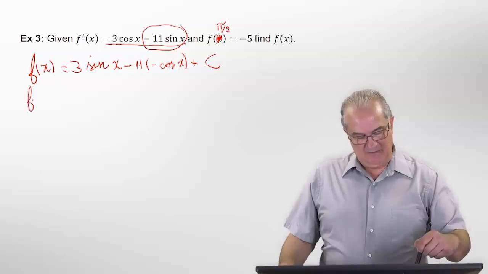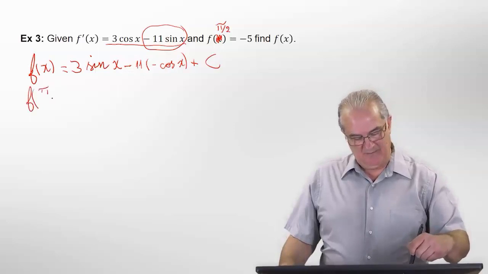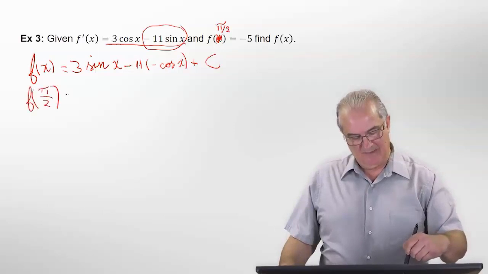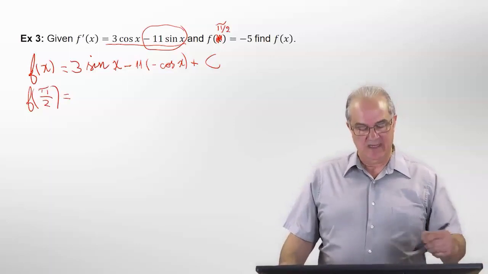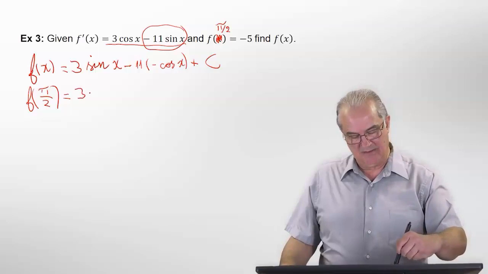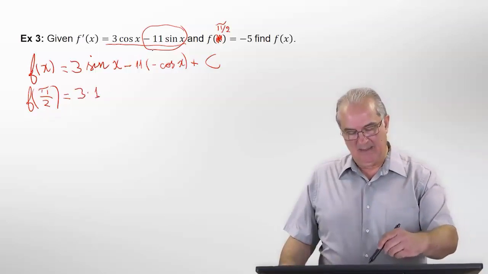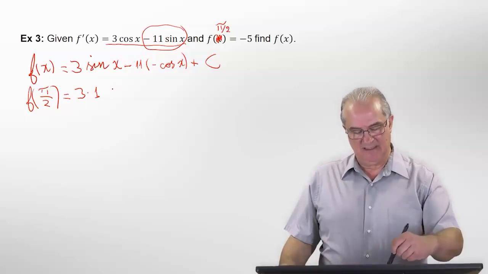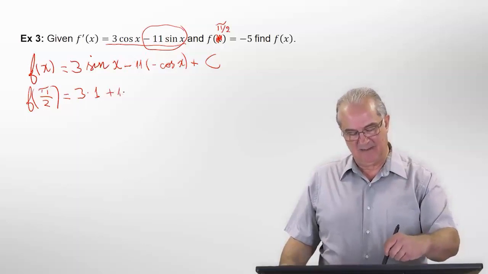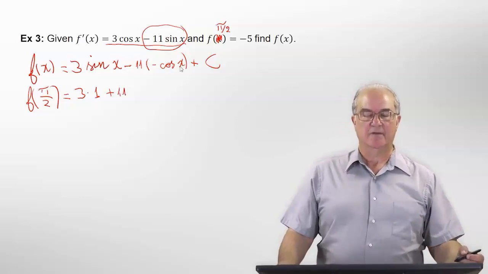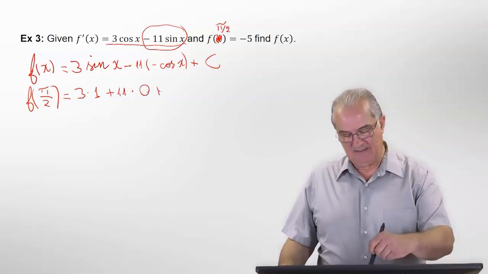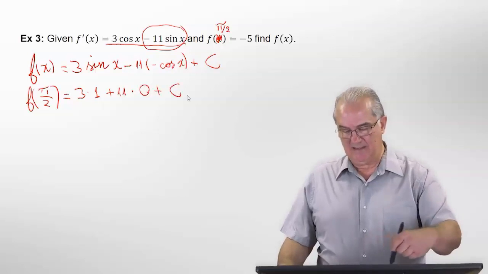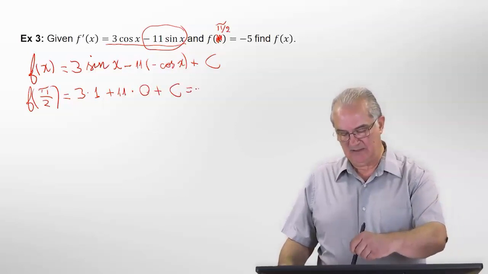So what happens when x is pi over 2? Well, let's evaluate. This is 3 times the sine of pi over 2. Sine of pi over 2 is 1, so this is 3 times 1. And then we have minus 11, that means plus 11 times the cosine of pi over 2, which is 0, plus c, and all of that should equal minus 5.